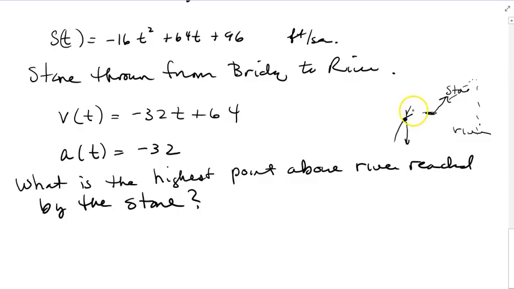That is a clue for you to start with your velocity function and go back to what we did before. When v sub t equals 0, that is when our stone stops in the air, because the velocity has to hit 0 before it turns around and falls back to the earth. So if we can find v sub t equaling 0, we can get on the right track. In other words, we'll have the time.